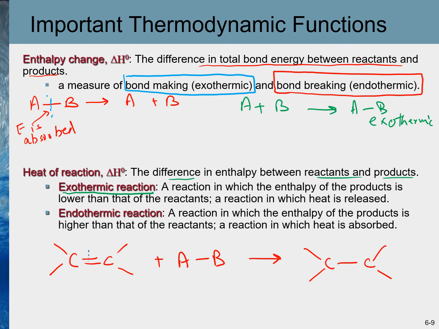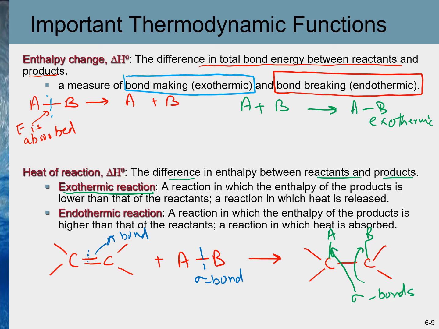First, a pi bond breaks and the sigma bond between A and B breaks. So two bonds will break. On the other hand, the new bonds which will form, both of these bonds are sigma bonds.